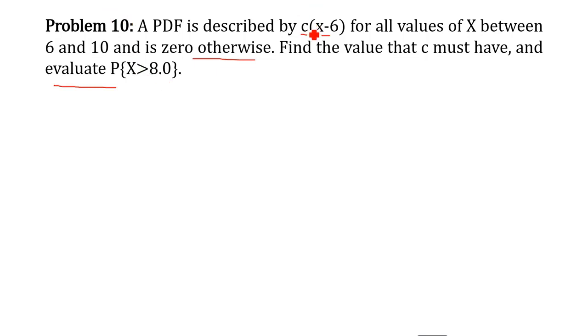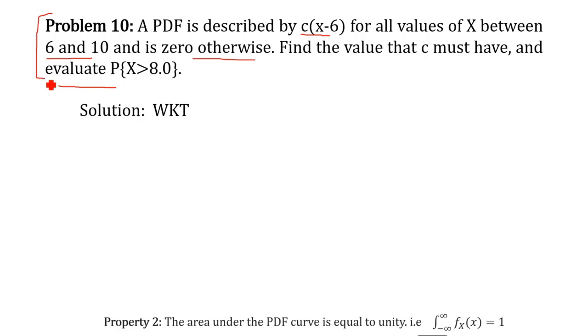So the PDF is C into x minus 6 if x is in between 6 and 10, and it is 0 otherwise. Here the equation is explained in terms of wordings. We will make use of this property too: the area under the PDF curve is always equal to 1.